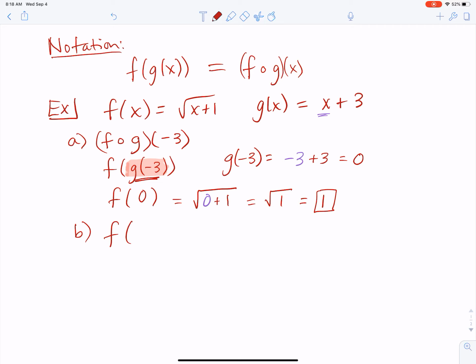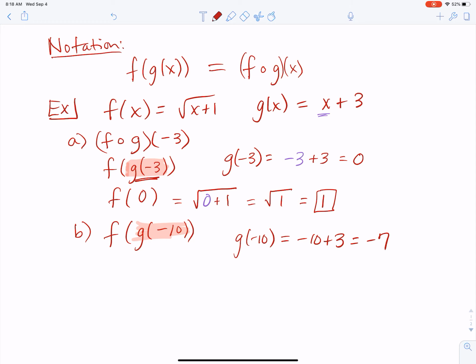If we did f of g of -10, let's start with g of -10. Off to the side, -10 for our input gives you a -7.